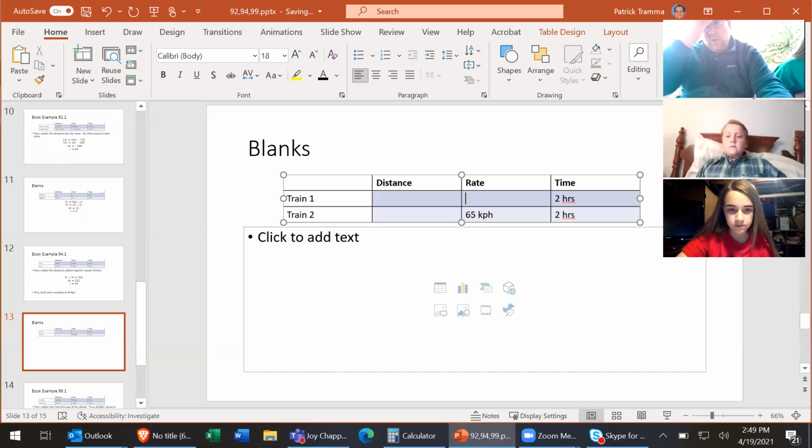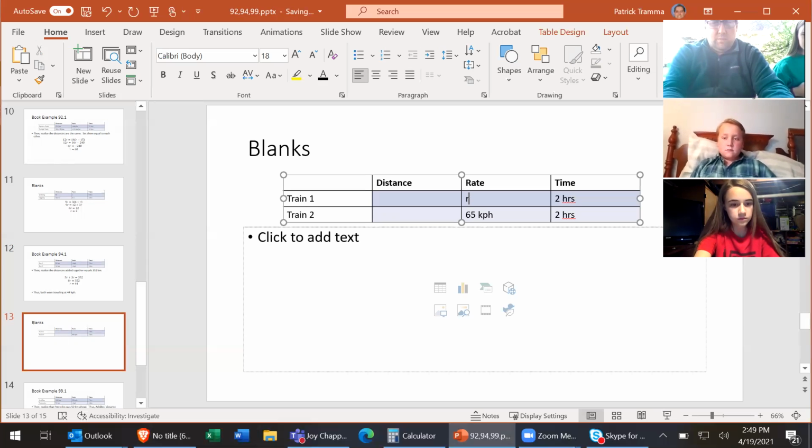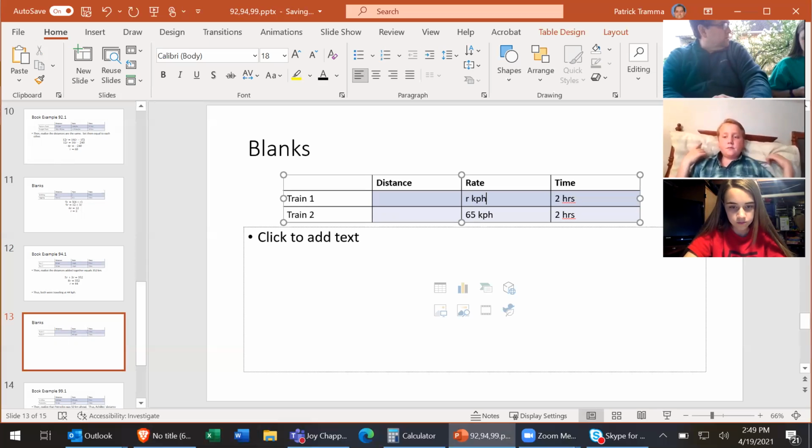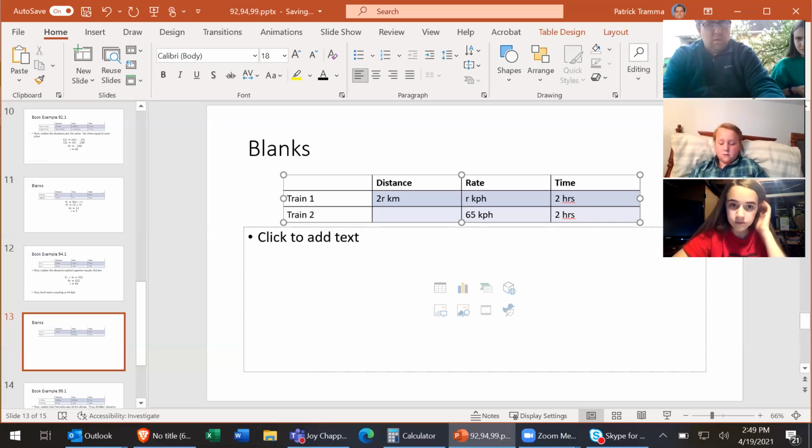What's the rate of the first train? So that would be an R. Okay, then what? How do we finish the table? That's for the distance of the first train. That is 2R, kilometers.